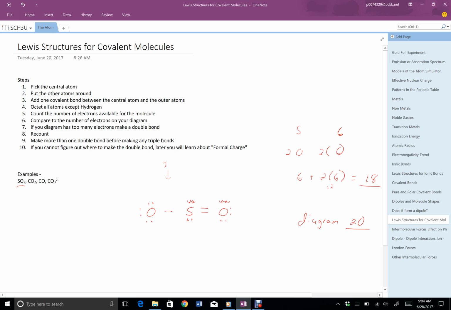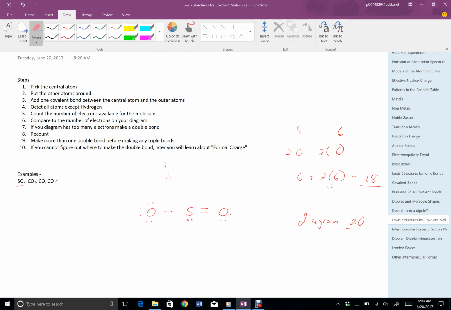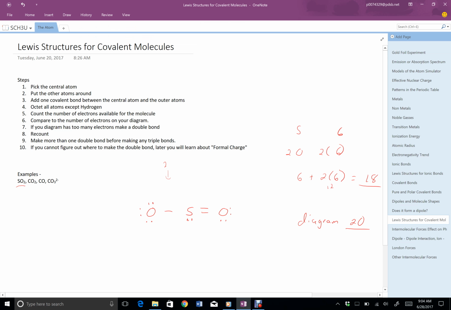Those are gone, and by replacing them with this double bond, we can see that we've maintained the octet around each atom while replacing 4 electrons by 2 and overall reducing our number. So we made a double bond between this sulfur and this oxygen. It was an arbitrary choice. I could have done it on the other side. I just grabbed that one for no good reason.